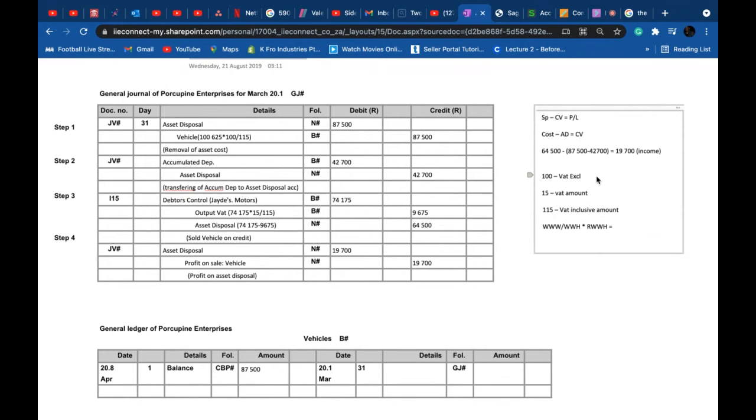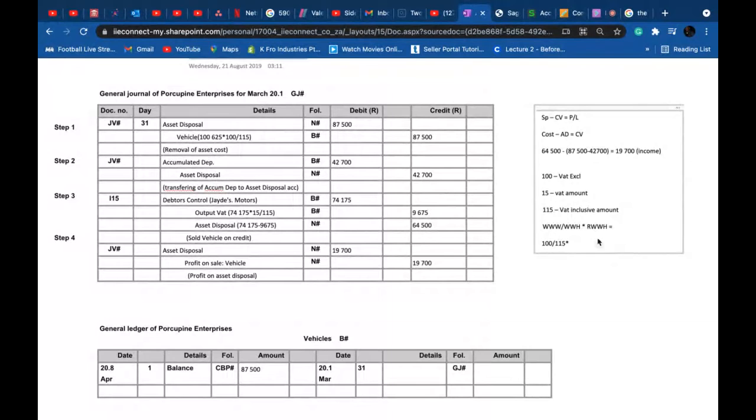So here we said, okay, what do we want? What we want is the VAT exclusive amount, which is 100. What we have, though, is the VAT inclusive amount.